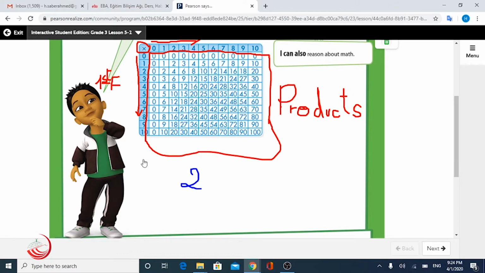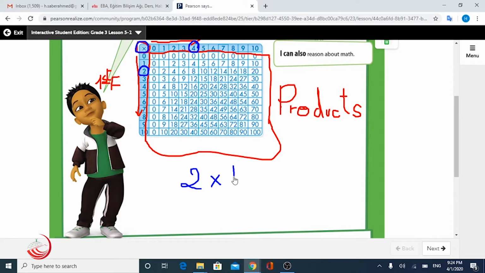Where is 2, the first factor? Right here. Times, where is times? Right here. 2 times. Let's choose an easy one. 2 times 4.